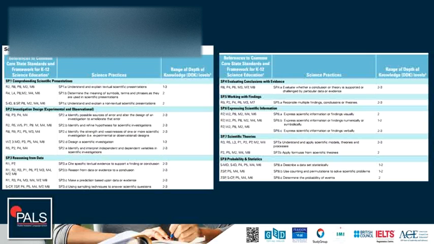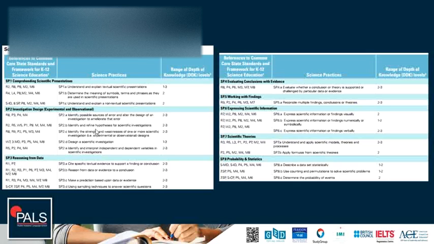What does this relate to on our list here? I would say it relates to our second point, investigation design. Identify possible sources of error and alter the design of an investigation to get rid of the error.